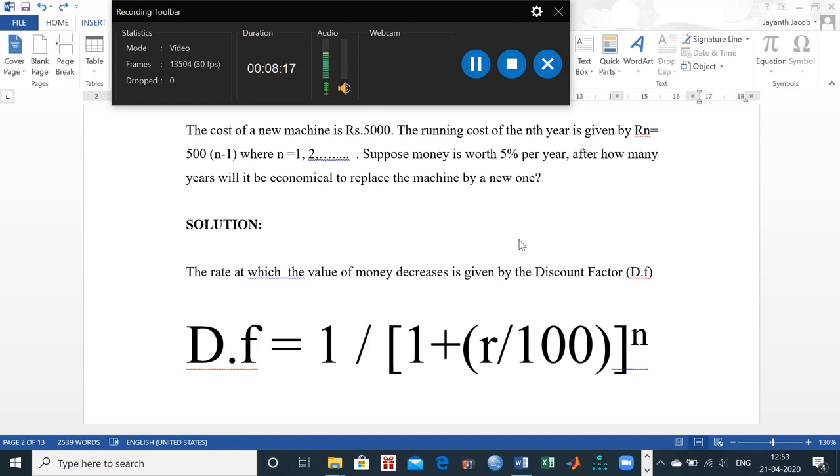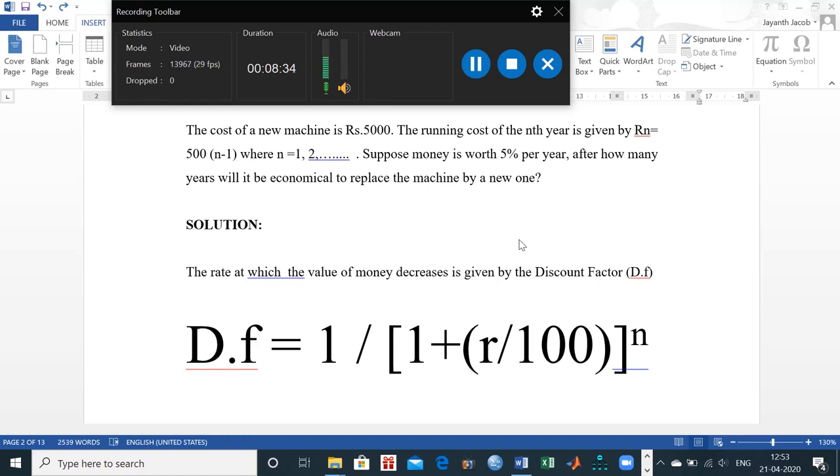So the same formula, whether we use n minus 1 or n, depends upon whether we are applying it on the running cost or on the salvage cost. Remember, on the running cost it is n minus 1, and on the salvage cost it is n.